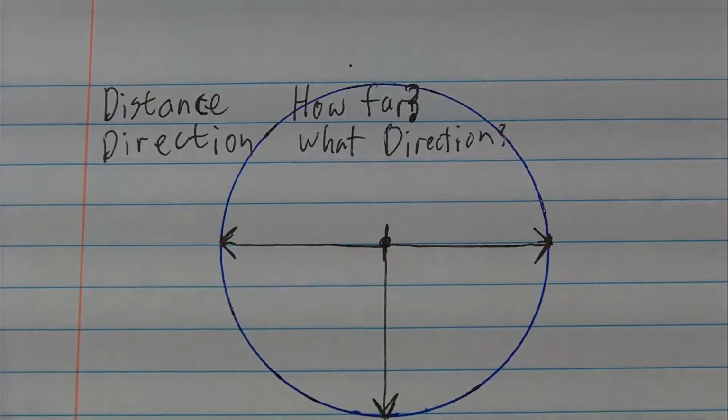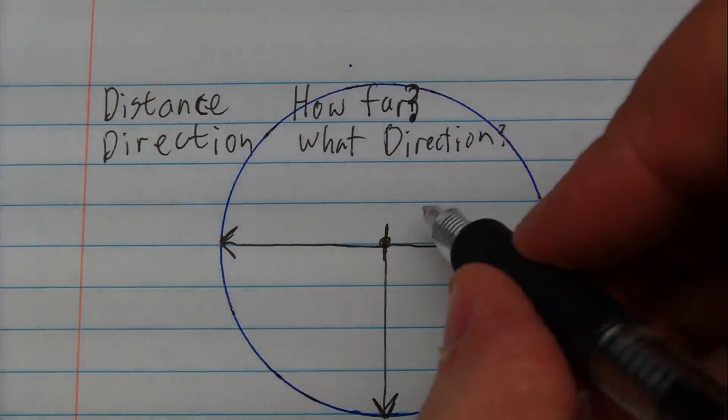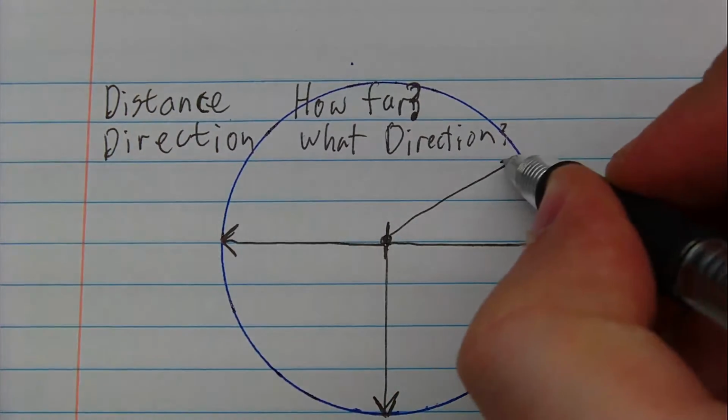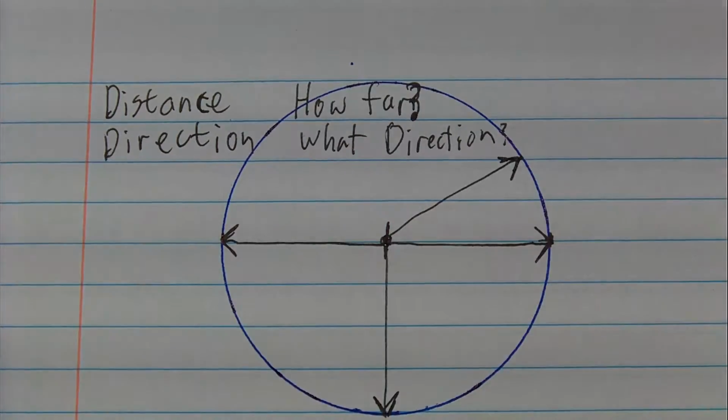So any direction I go, even if I'm going off this direction, that's still 4. Alright? But if I can go 4 squares, 4 spaces, 4 feet, what direction I go makes a really big difference.